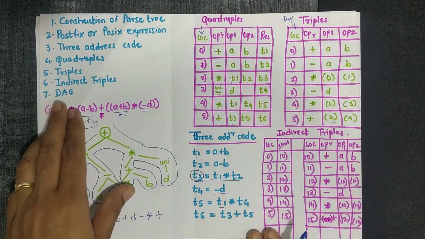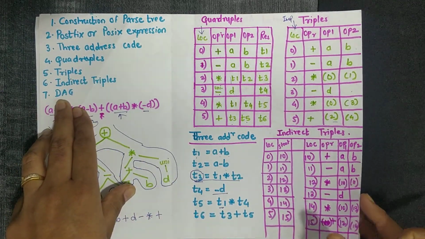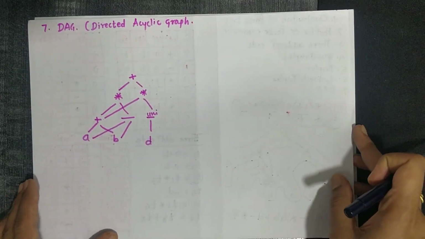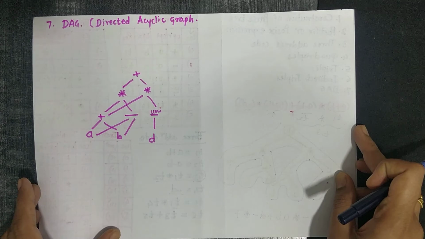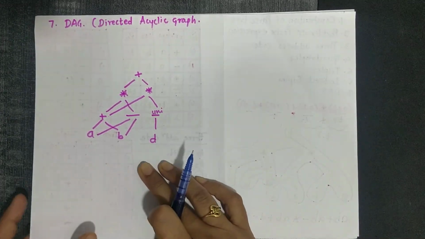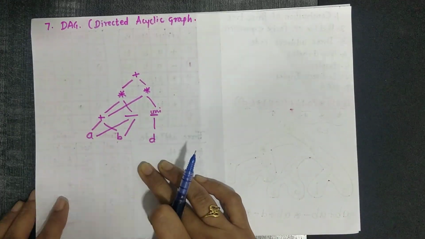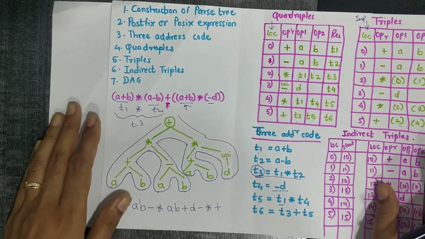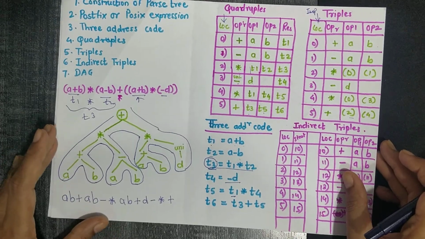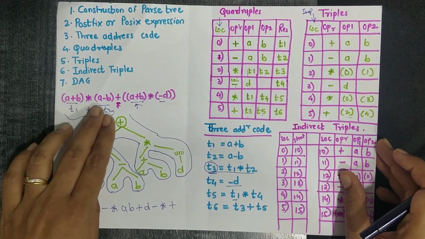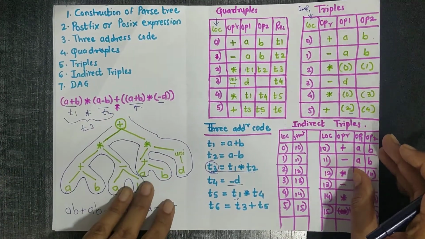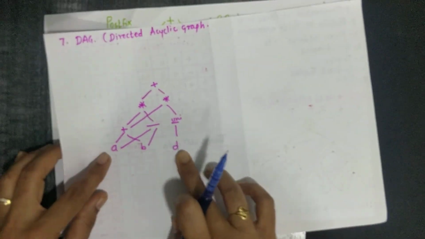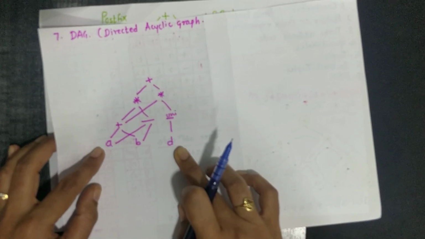Now the last question is the directed acyclic graph. Here we have to go from downside to up. How many operands are there? A, B and D. Only 3 operands are there, right? We are going to write these 3 operands first of all.